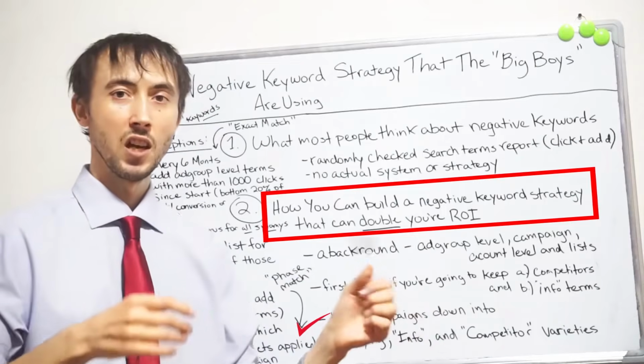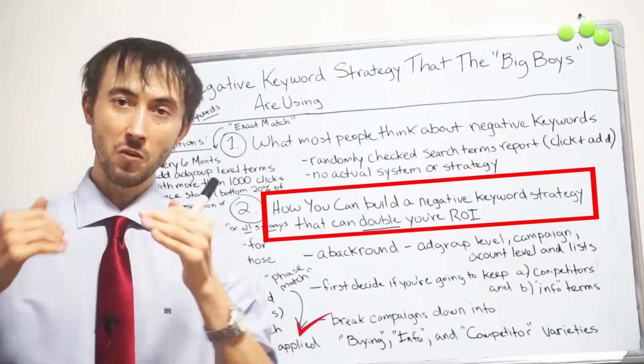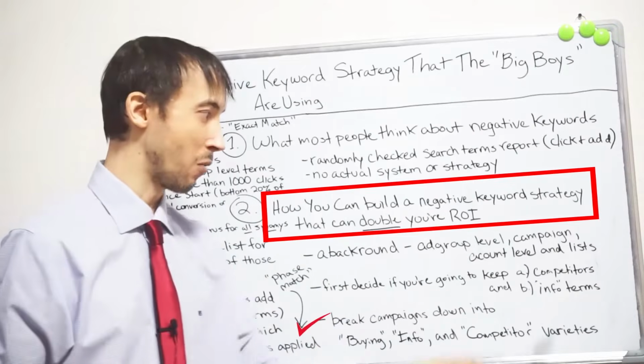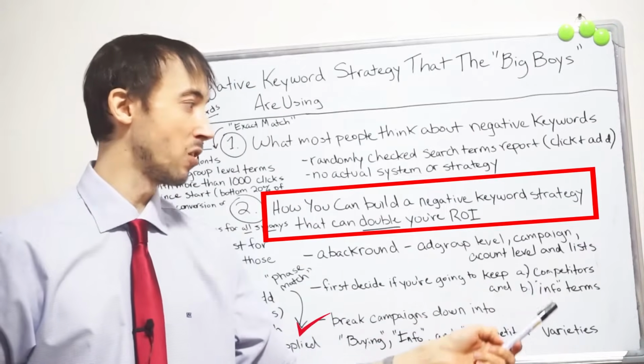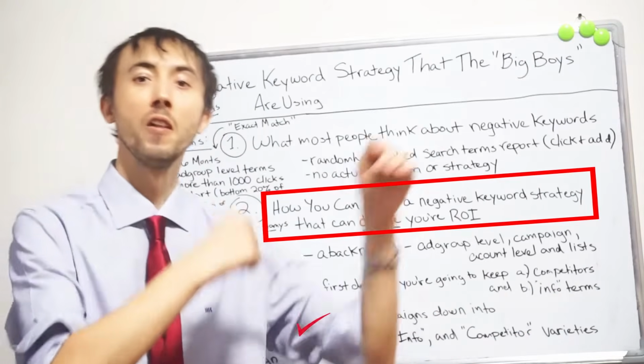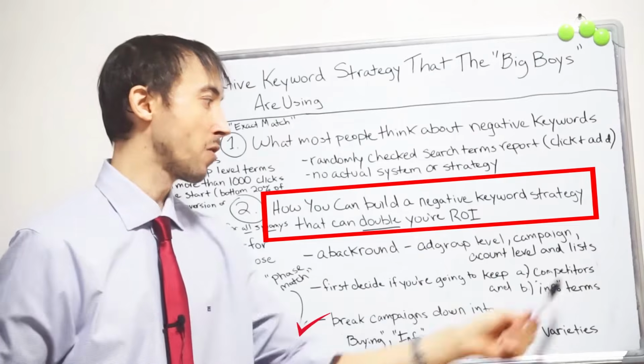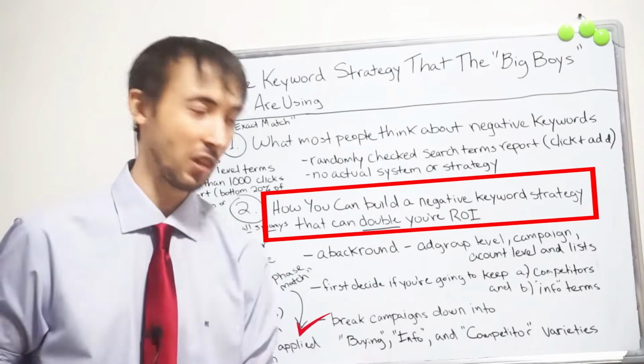That's why you do campaign level negative keyword additions through a list, and that same list is applied to all non-competitor campaigns. Or if you don't have competitor campaigns, they get applied to everything.